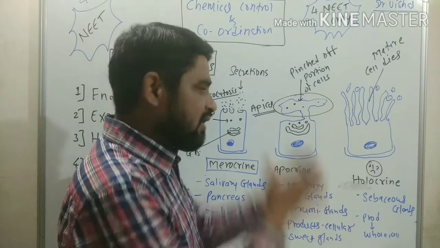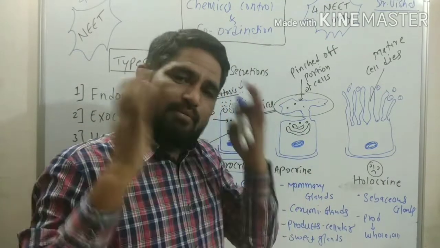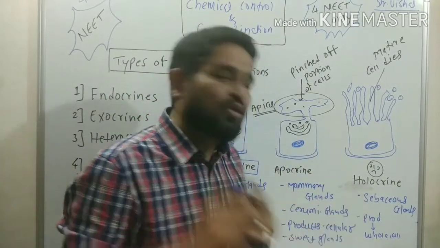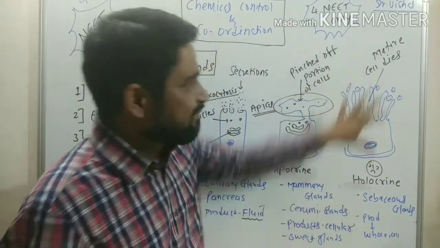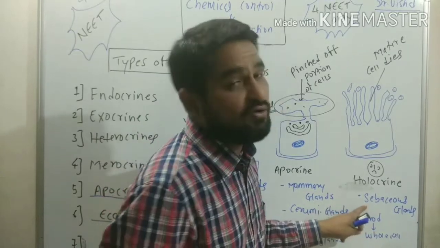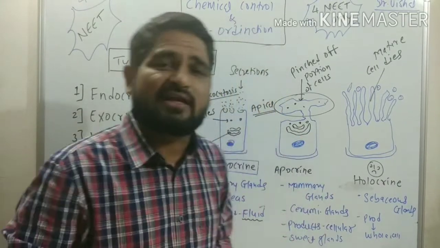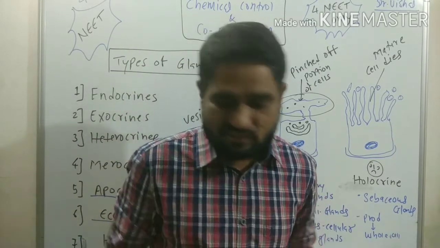But when the product is the complete, whole cell, those glands are called holocrine glands. The mature cell dies and the product is the complete cell. A very common example is the sebaceous glands, present on the skin. Sebaceous glands produce a waxy substance called sebum, which makes the skin waterproof.